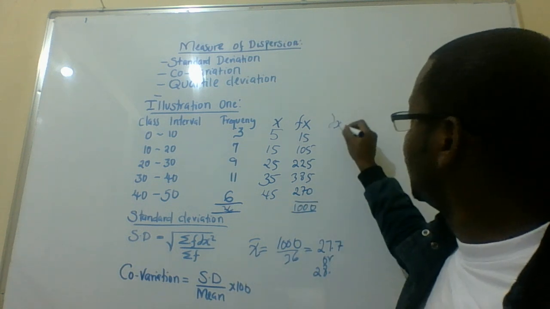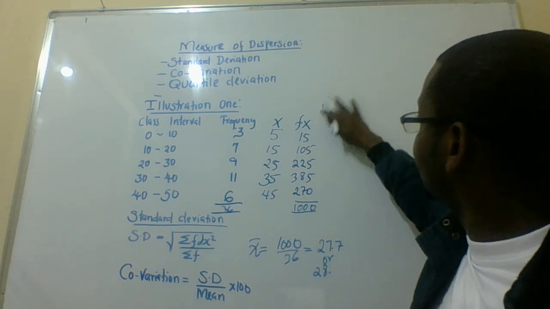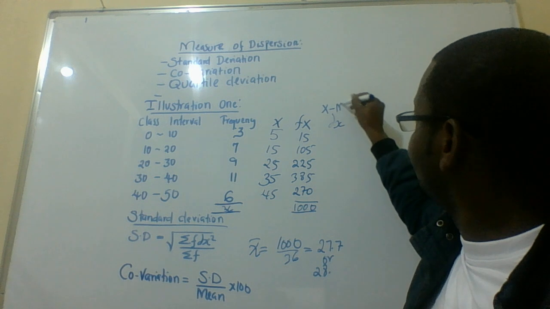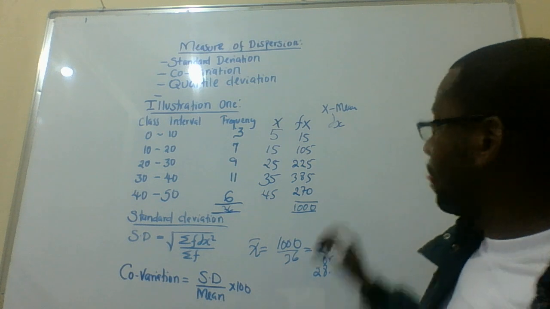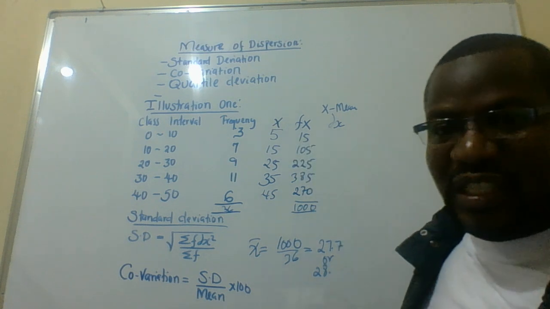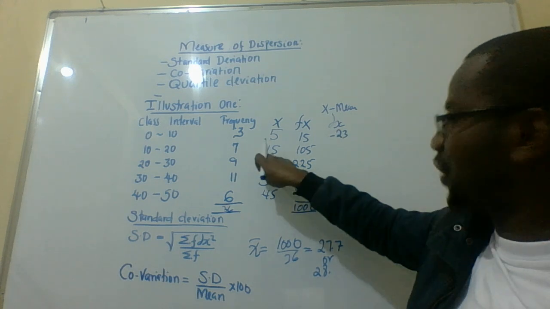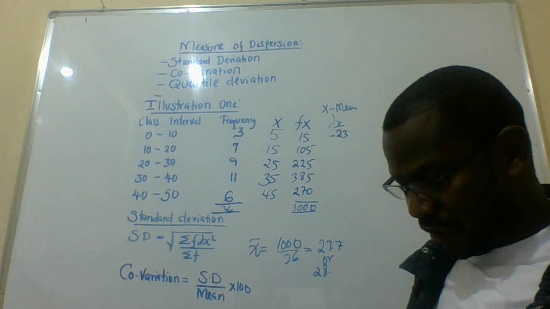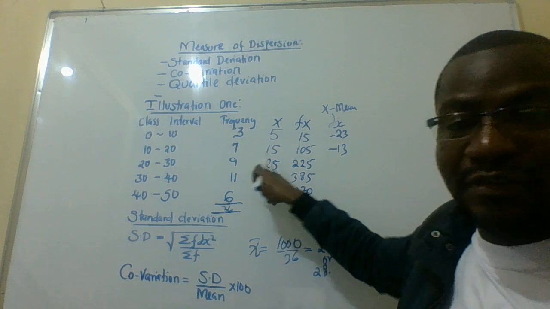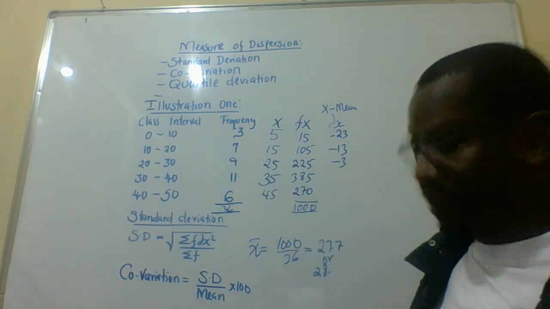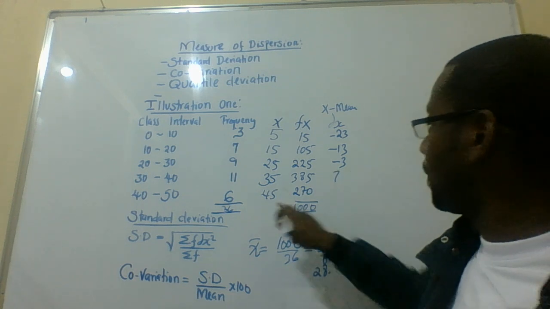So come up with dx, which is x minus mean. 5 minus 28, I am rounding off, which is negative 23. 15 minus 28, which is negative 13. 25 minus 28, negative 3. 35 minus 28, 7.